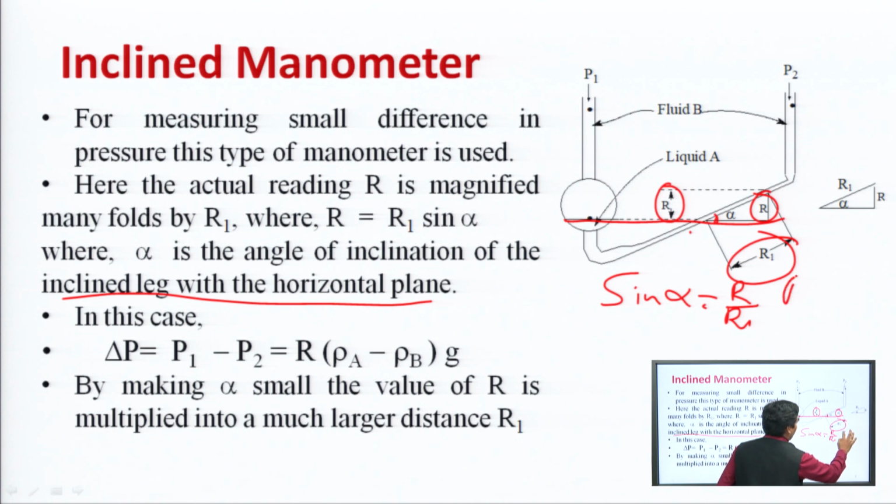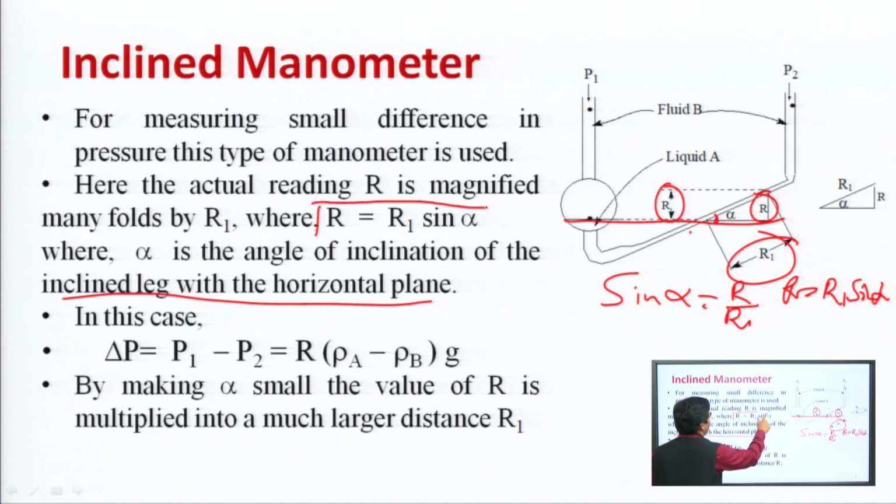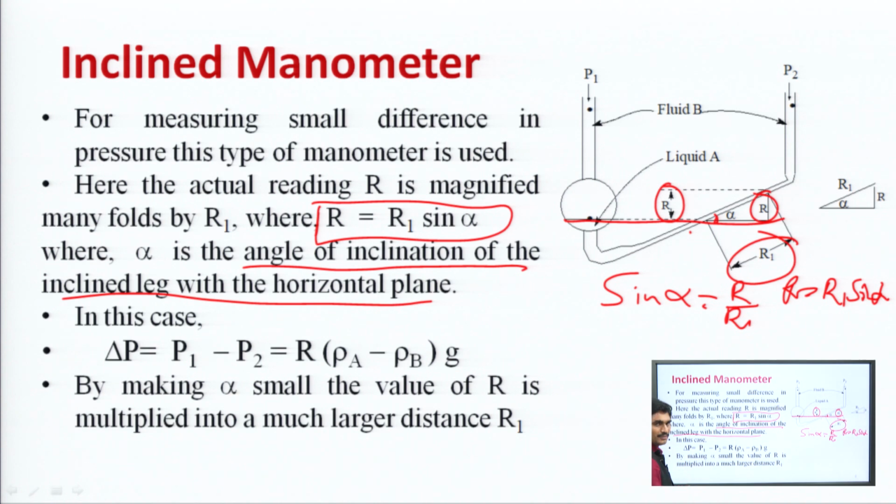So, R will be equal to R 1 sin alpha, where alpha is the angle of inclination with the horizontal plane.